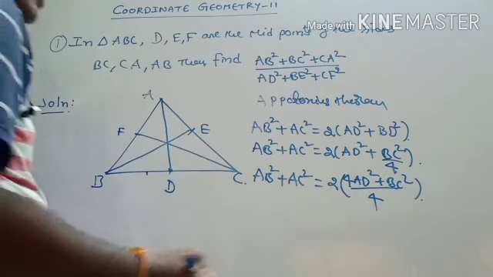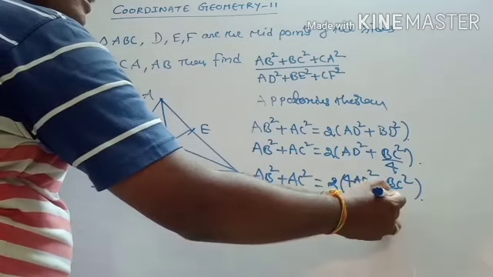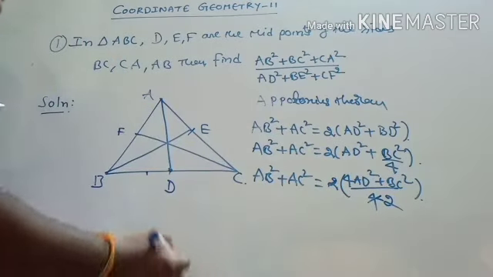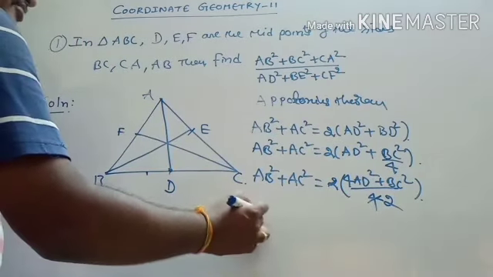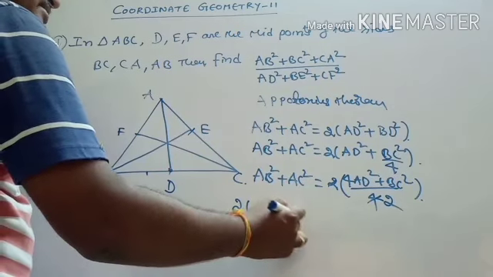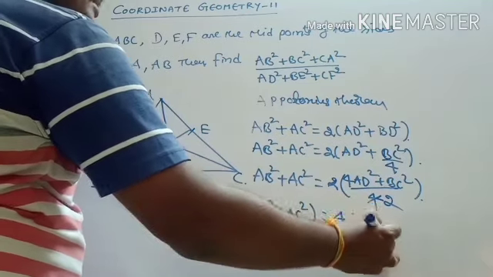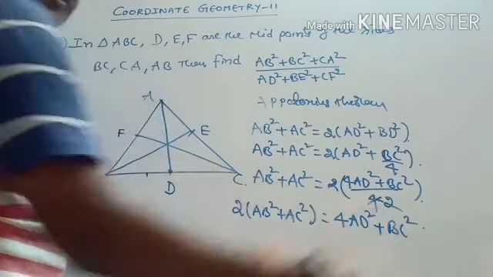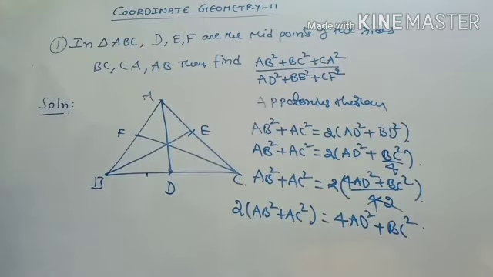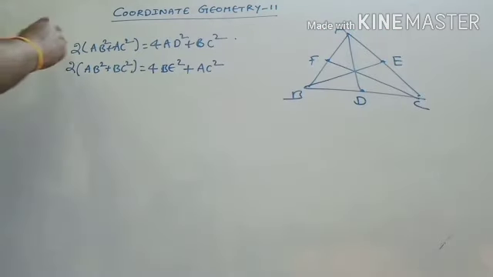Now this 2 and this 2 will cancel, and you have got 2 times of (AB square plus AC square) is equal to 4 AD square plus BC square. Now we have got this result, and in the same way we are going to get the other things also.